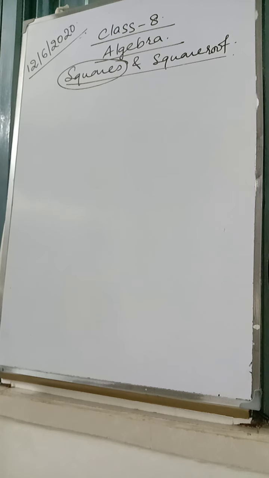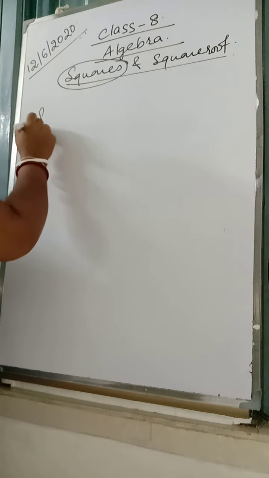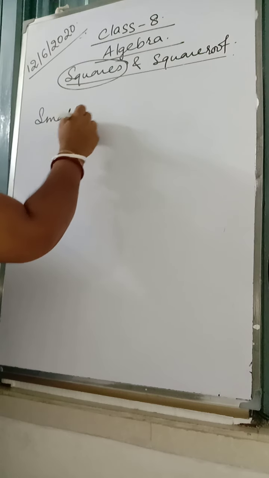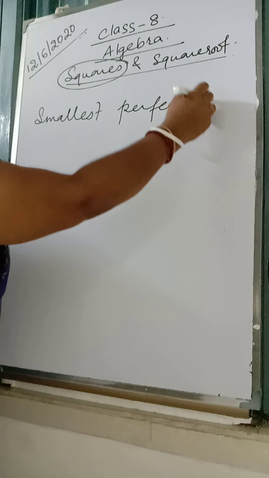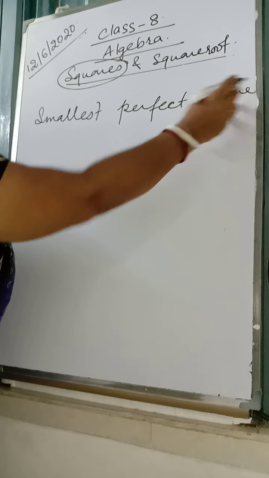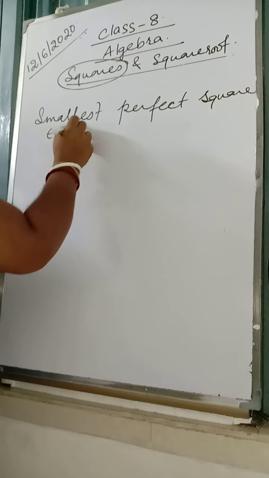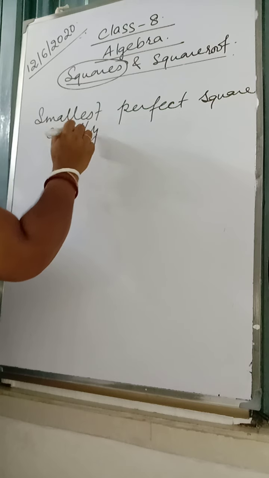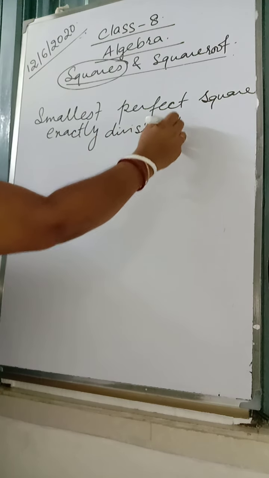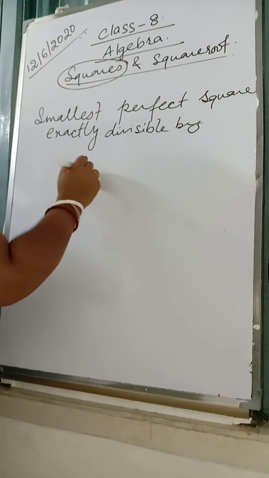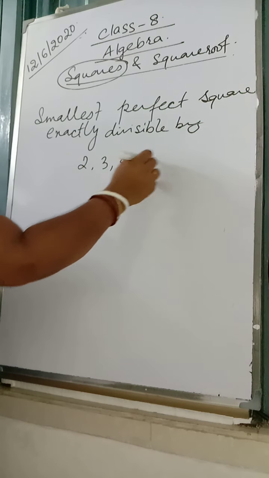In this example, find the smallest perfect square number exactly divisible by 2, 3, 4 and 5.